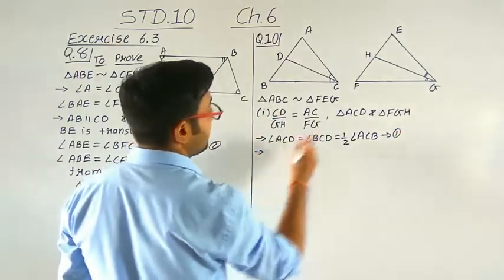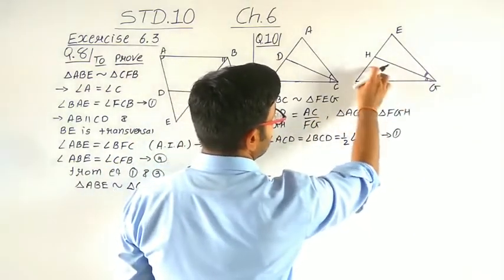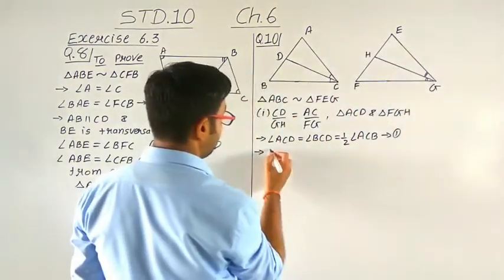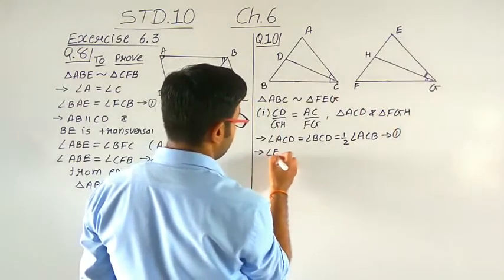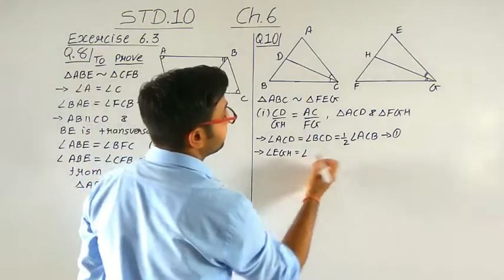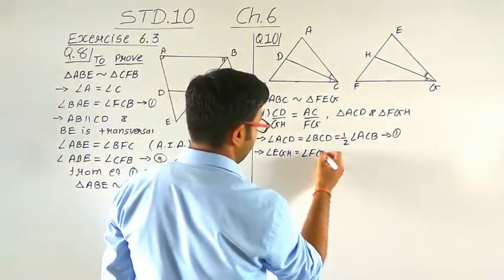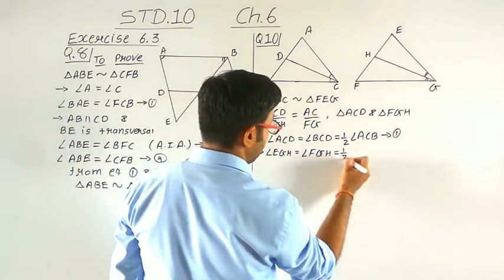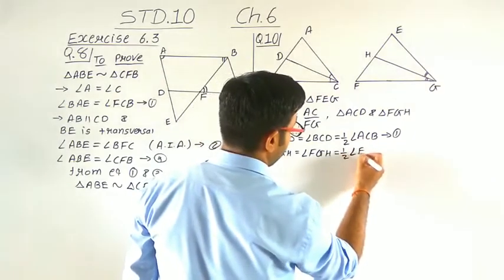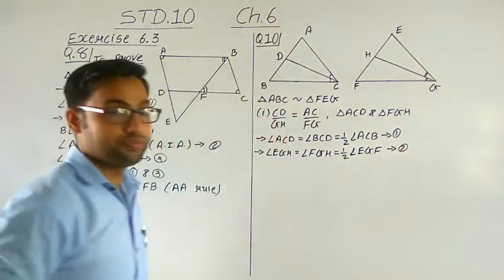In the same way, in this triangle also we are given that GH is the angle bisector of angle EGF. So angle EGH will become equal to angle FGH, and both are equal to 1/2 of angle EGF. Give it the equation number 2.